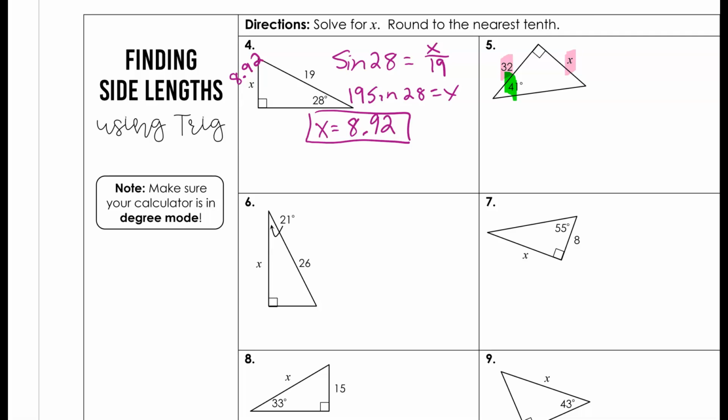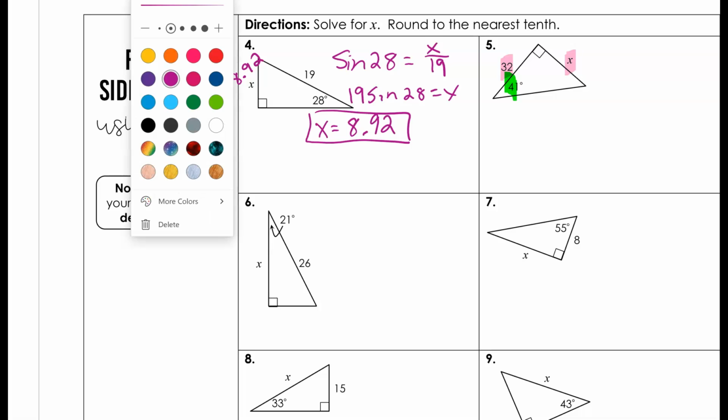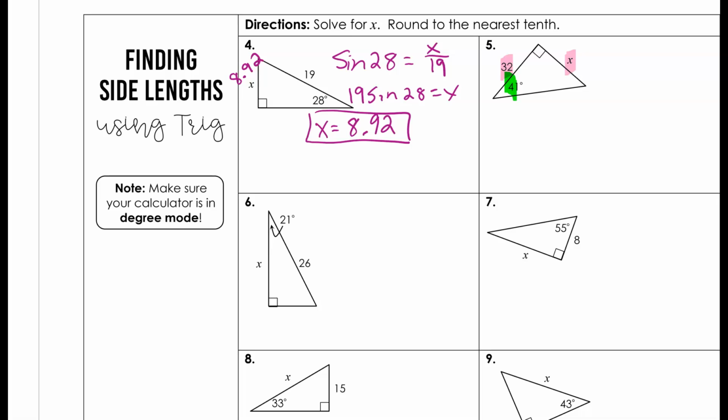I want to know the measurement of the opposite side. So I'm looking to the opposite side to know its measurement. What's given to me though is opposite over adjacent. So that means I'm going to use the tangent function.